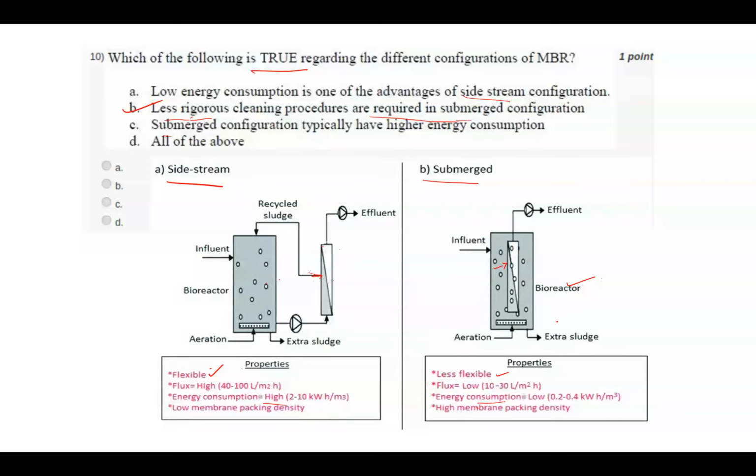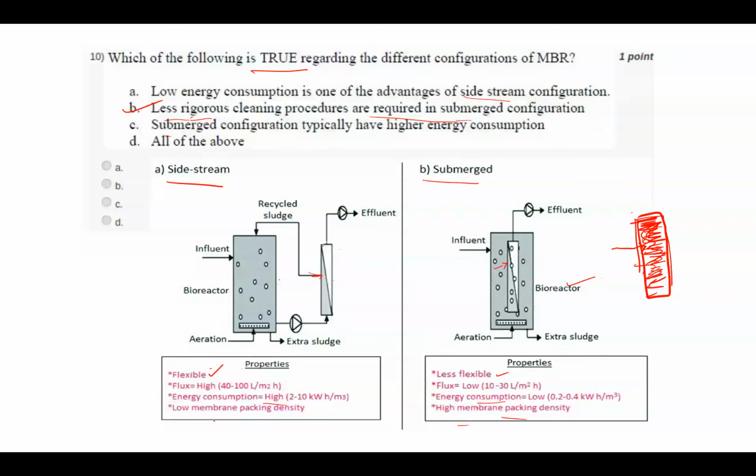So see, here it is mentioned high membrane packing density is needed for the submerged. So the membrane density is high. Density is high means it is highly packed. Highly packed means its pores are tightly packed, and the pore size is also less. Densely packed means the fouling or clogging inside will be less.